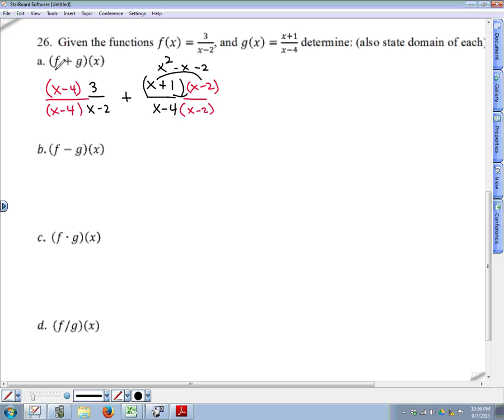Over here, we're going to have 3x minus 12. So now we have a common denominator of x minus 4 times x minus 2. We can combine terms in the numerator. x squared minus 2x minus 14. Don't forget to state the domain.